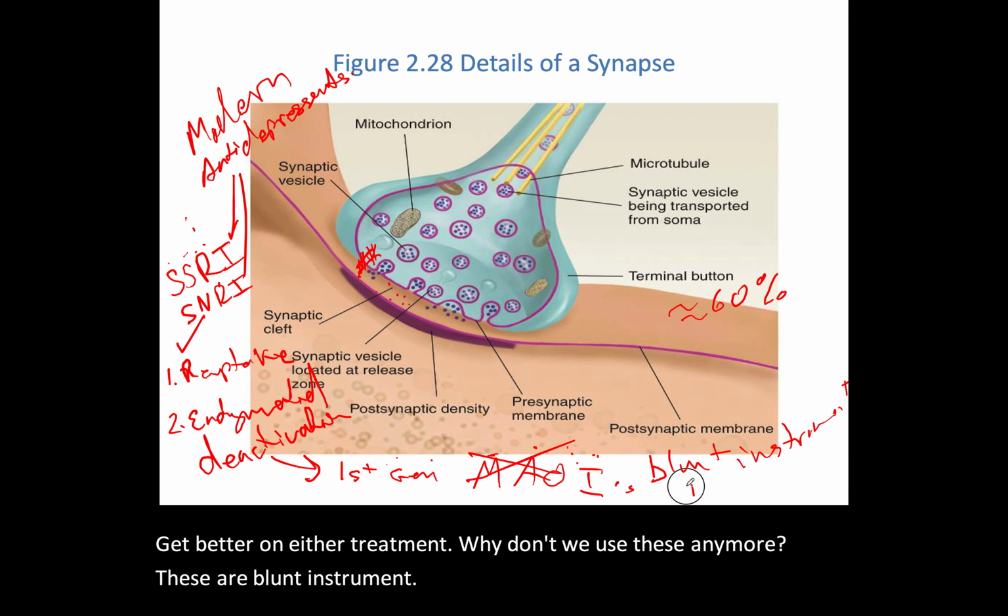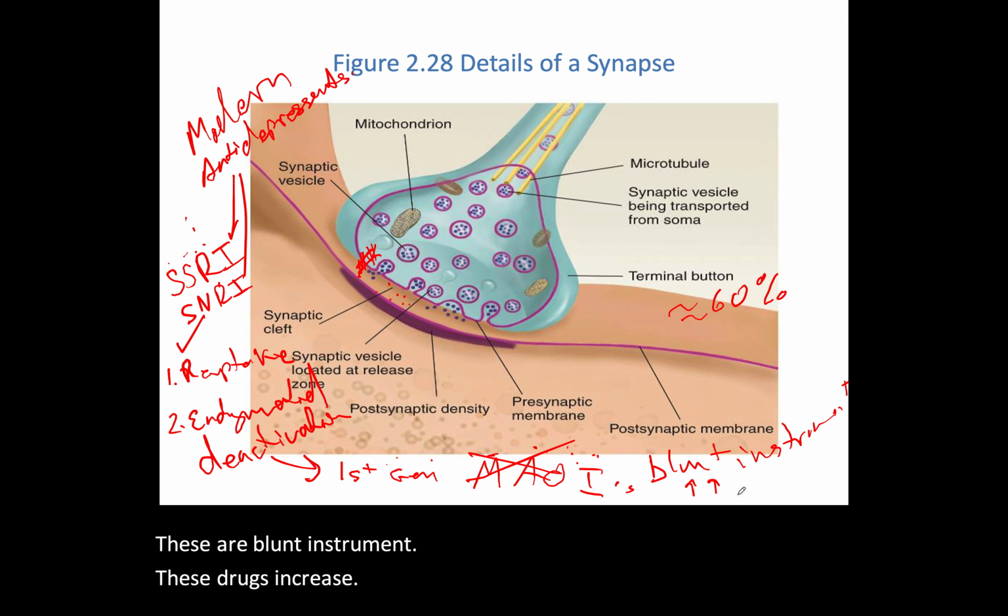These drugs increase serotonin, dopamine, norepinephrine, epinephrine, and that's too much. The more systems you target, the more side effects you're going to get. These are relatively more specific. These are slightly more surgical. Okay.